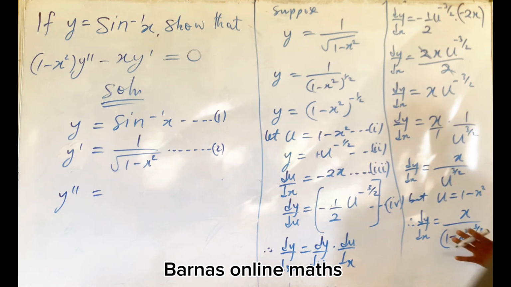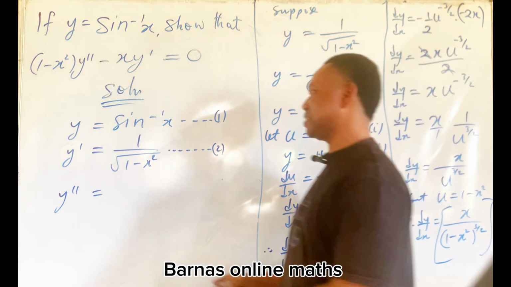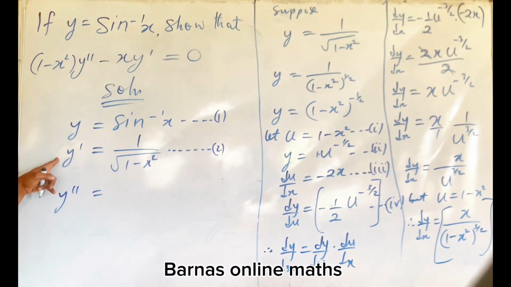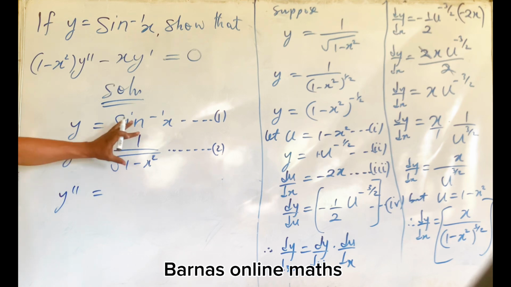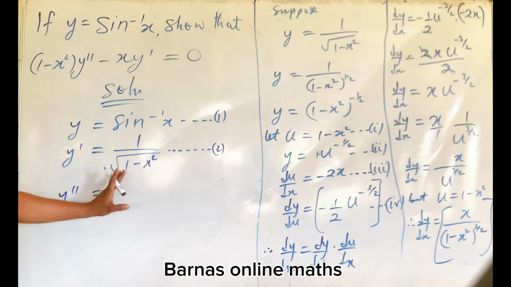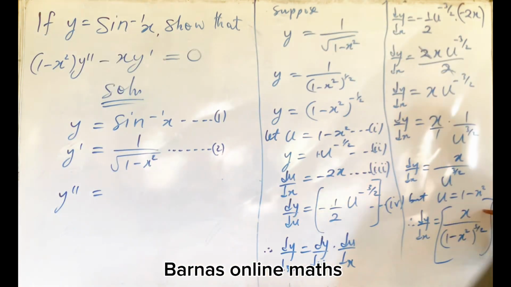So this is said to be the second derivative of y, y prime of y with respect to x. So this simply means that if we differentiate 1 over square root of 1 minus x squared, we are going to have x all upon 1 minus x squared, all in bracket, raised to power 3 over 2.